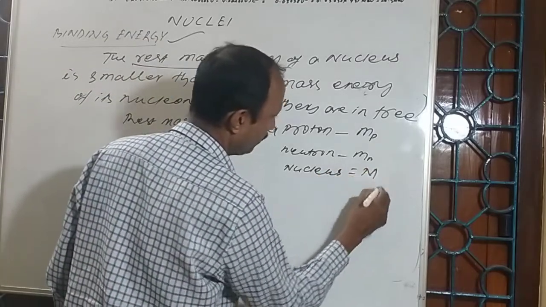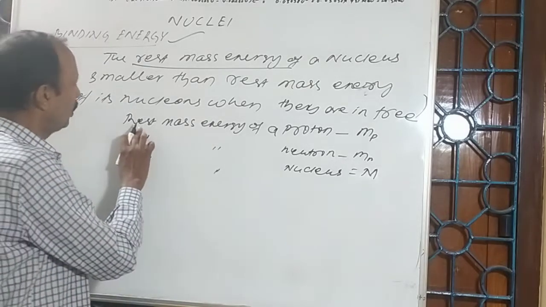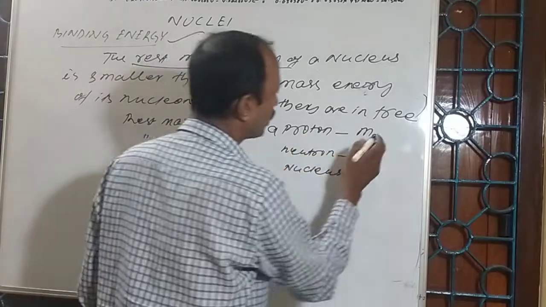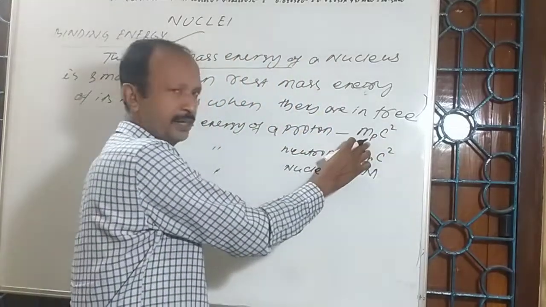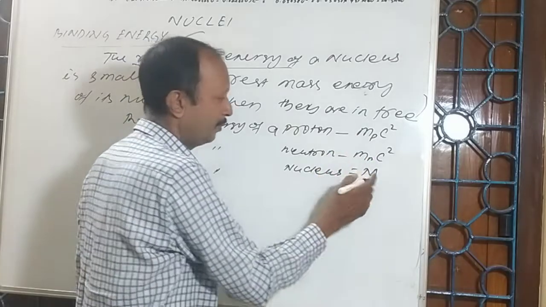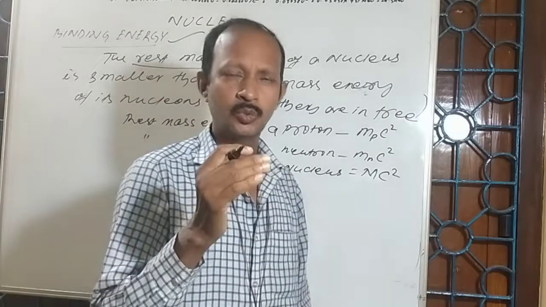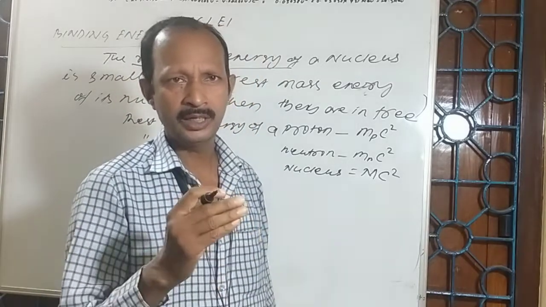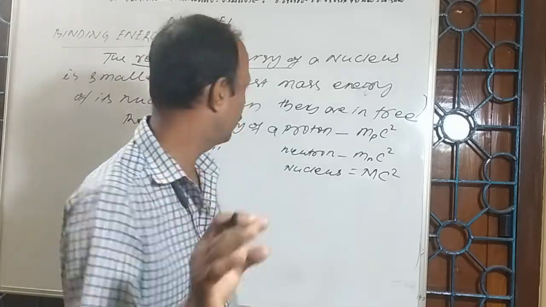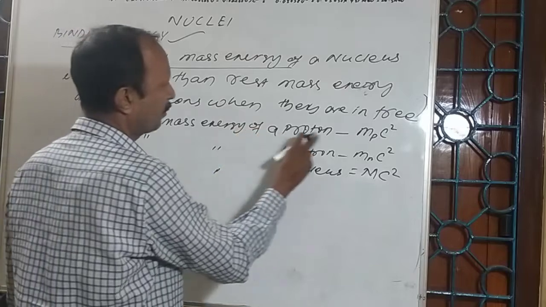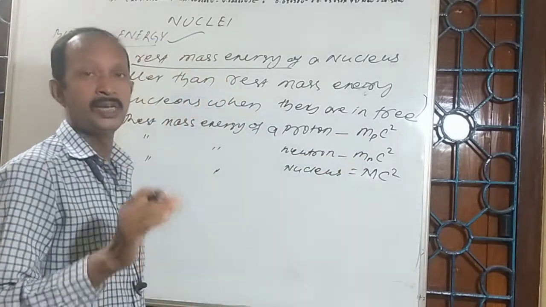Suppose this is M. Because mass is written as Mp, Mn, M, but if I write the energy, I have to use the formula mc square according to the theory of relativity, the mass-energy conversion equal to mc square. So this is the proton, this is the neutron, this is the nucleus.